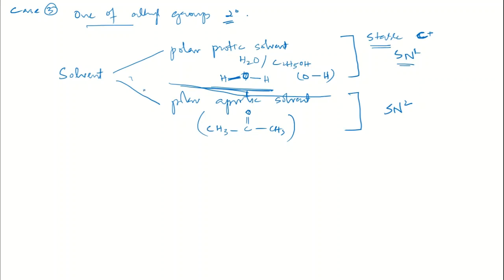And if we are using polar aprotic solvents with these ethers, then there will not be formation of any carbocation, and the mechanism followed will be the Sn2 mechanism.